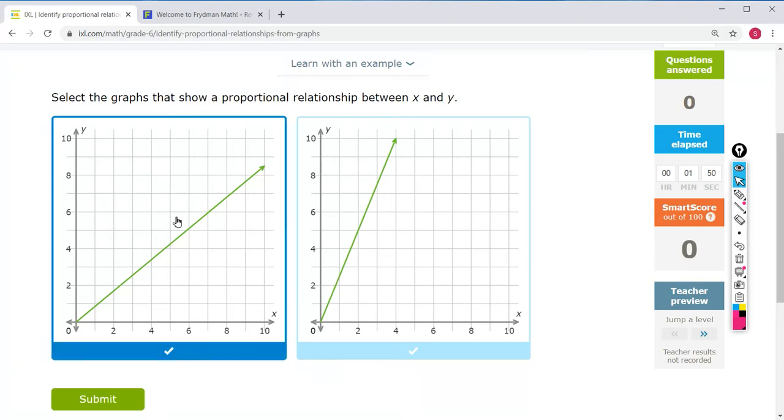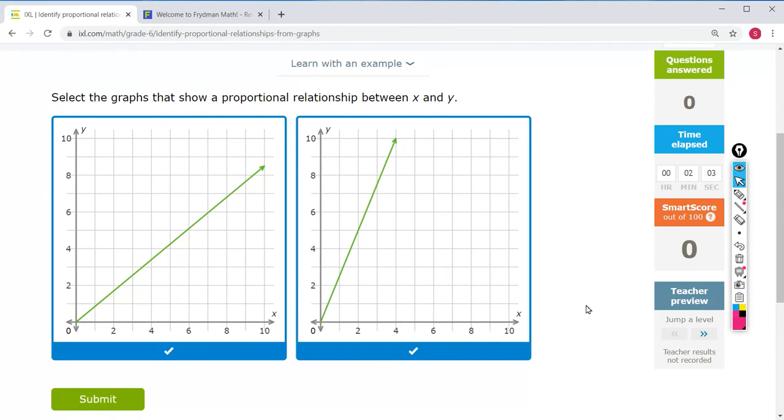So this one is proportional. And this one is also a straight line which goes through the origin 0, 0. So this one is also proportional. So we were able to check that these two graphs represent proportional relationships pretty easily.